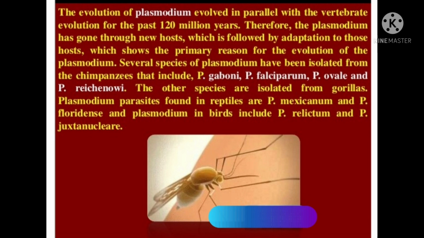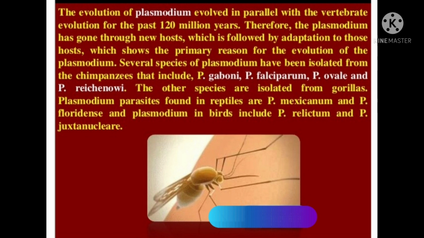Let's see about the evolution of Plasmodium. Plasmodium evolved in parallel with vertebrate evolution over 120 million years. So Plasmodium has been there for all this time, and in 120 million years they also evolved along with us.